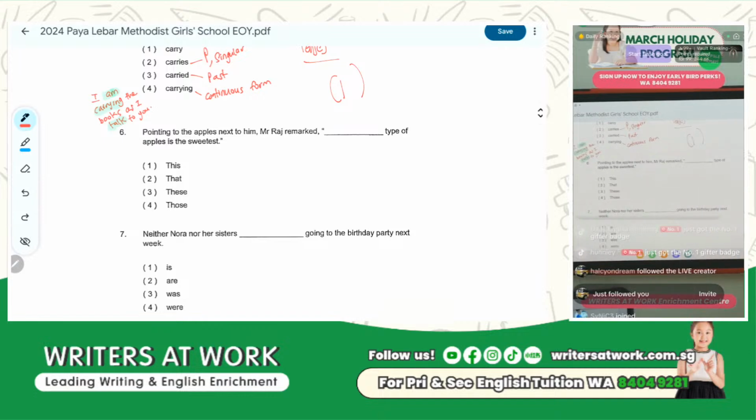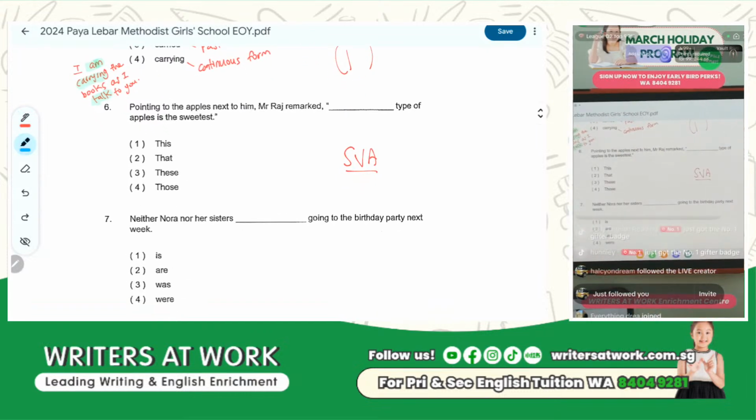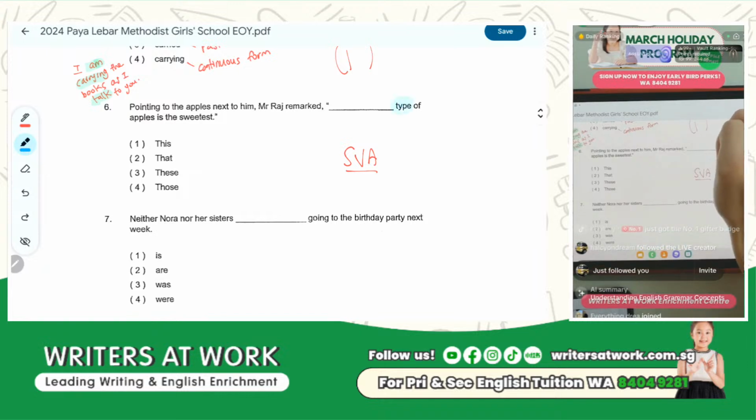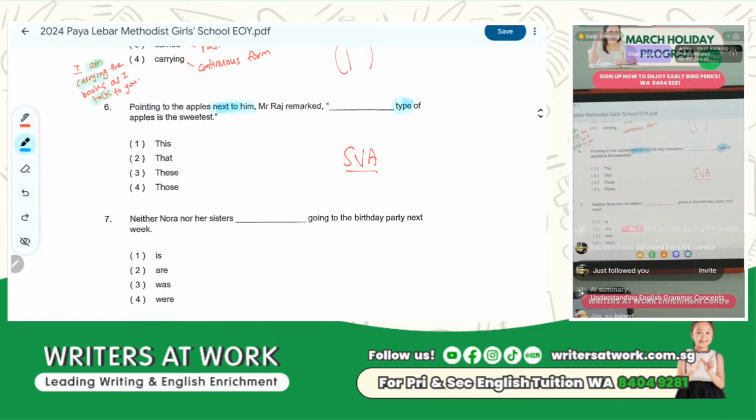Now, for question 7 here, we're looking at subject-verb agreement. Some keywords that we need to take note include type and how the apples were next to him. First, type here is a singular subject. There's only one type of apple that Mr. Raj likes.